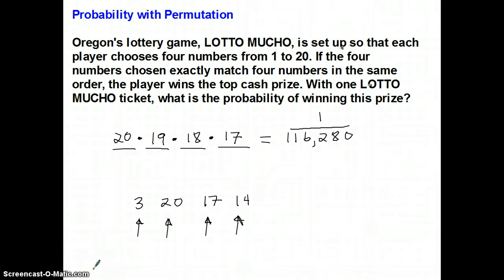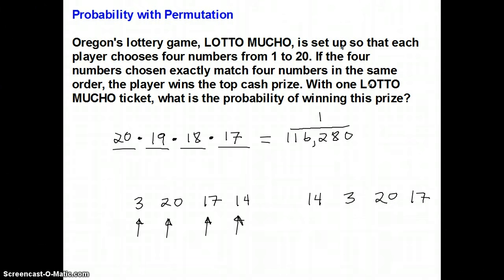That's a permutation. A combination, remember, is when the order doesn't matter. So if this represented a combination problem, we could have picked the 14 first, and then the 3, and then the 20, and then the 17. As long as we get those same numbers, then we would win if this were a combination problem.